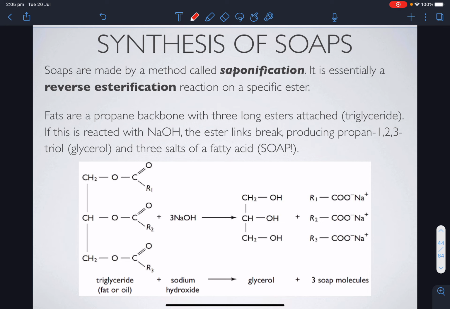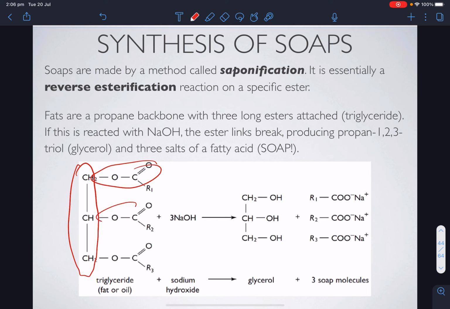Synthesis of soap, how you make soaps. They're made by a method called saponification. It is essentially a reverse esterification reaction on a specific ester. Fats in general have a propane backbone, so 3 carbons long, with 3 long esters attached.